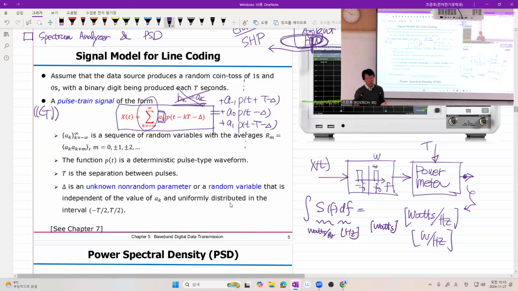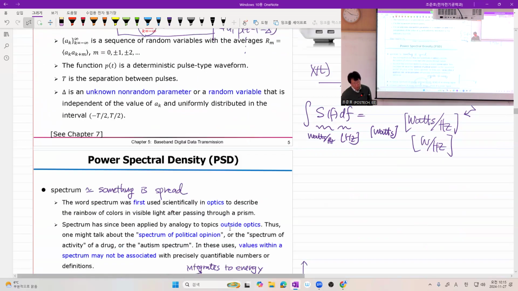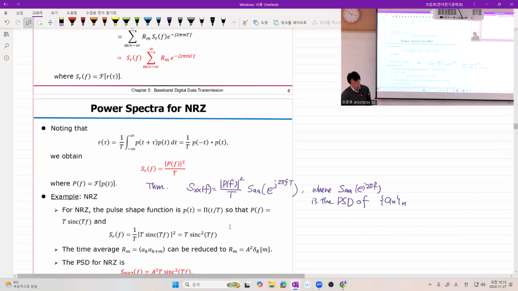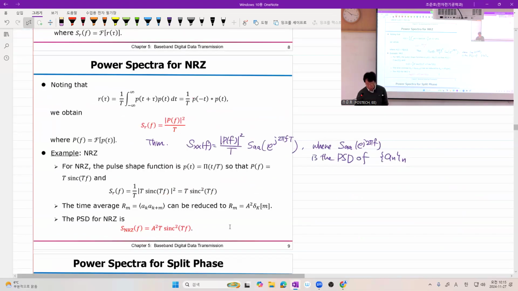Uncorrelatedness in Korean, 무상관, something like that, and correlation coefficient is 0, means whenever you compute the covariance, it's 0. And that gives us very interesting results like this. So here goes the final result.